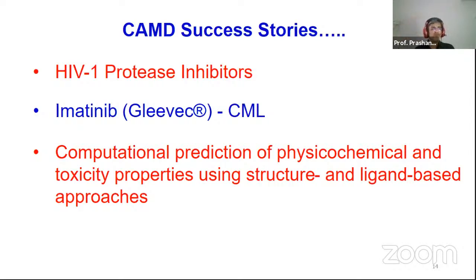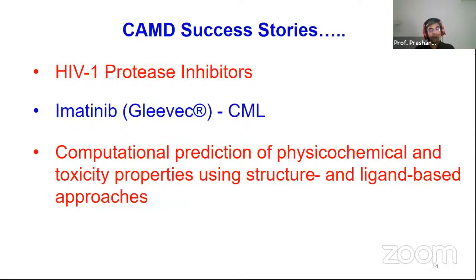they came up with a variety of approaches, including computational approaches, where they would generate a large number of data points experimentally using high throughput assays, use that data for developing a computational model, and use that computational model for predicting the activity of molecules, activity as in the physicochemical and toxicity properties, even before synthesis.